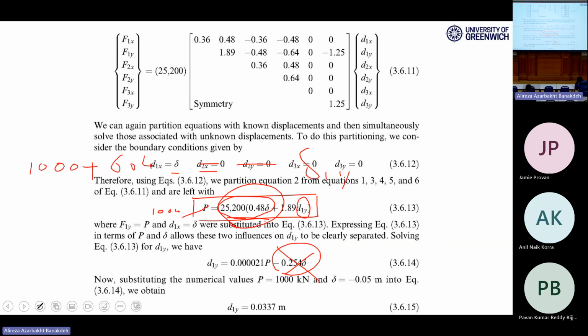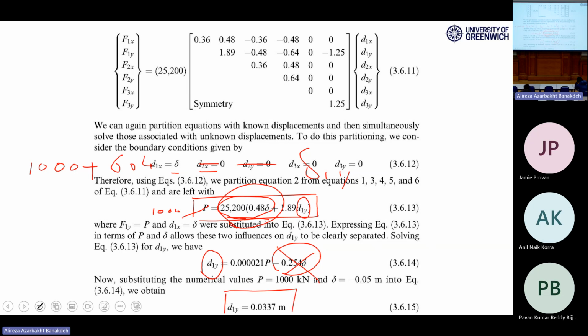So this is the effect of settlement, and all in one, you will calculate the unknown deformation delta 1y, which is the only unknown deformation for your example. You have 5 of them, 4 are 0, one of them is minus 50 millimeter, and one is unknown, which is now known.